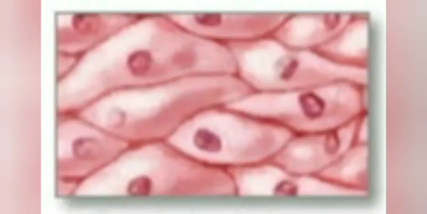Let's start with the details of epithelial tissue. Epithelial tissue forms the covering on the inner and outer surface of the body and organs. The cells of this tissue are compactly arranged with little intercellular matrix.